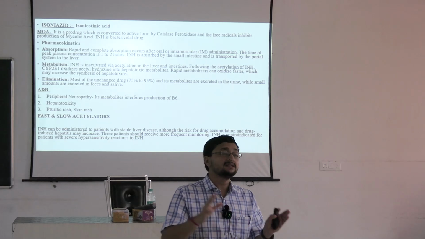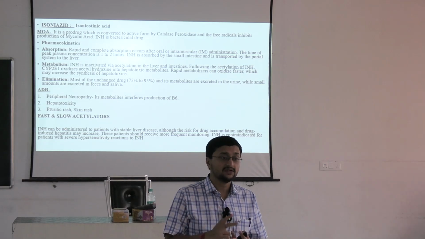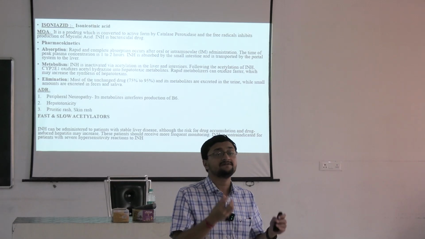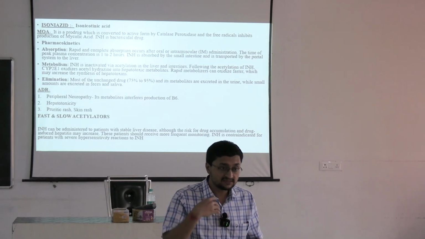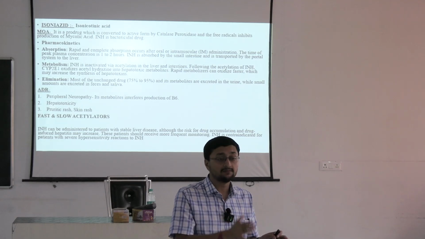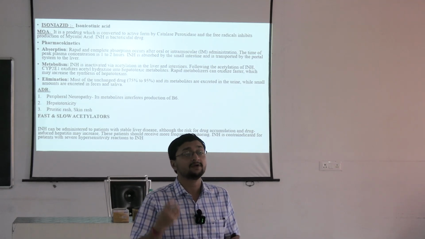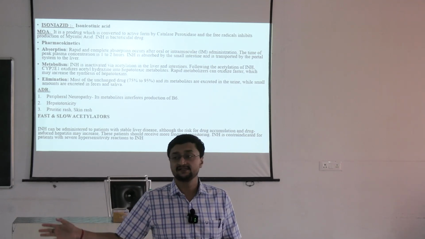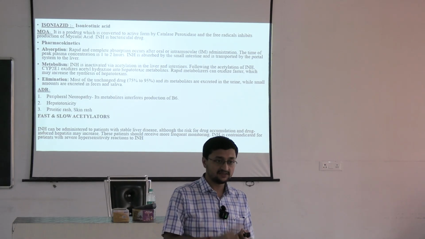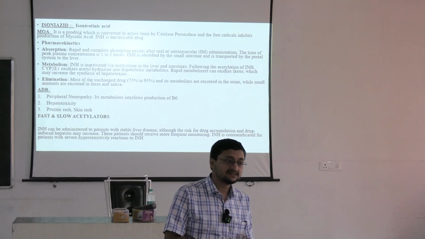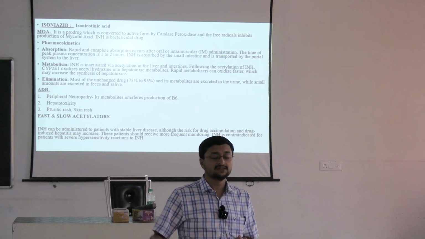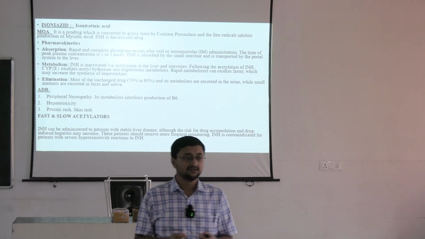There are 2 types of acetylators, one is fast and one is slow. In those patients who are fast acetylators, who acetylate very fast, they are more prone to develop hepatotoxicity than the slow acetylators, right. So this is very important in isoniazid. Fast acetylators are prone to develop more hepatotoxicity, slow acetylators less hepatotoxicity.